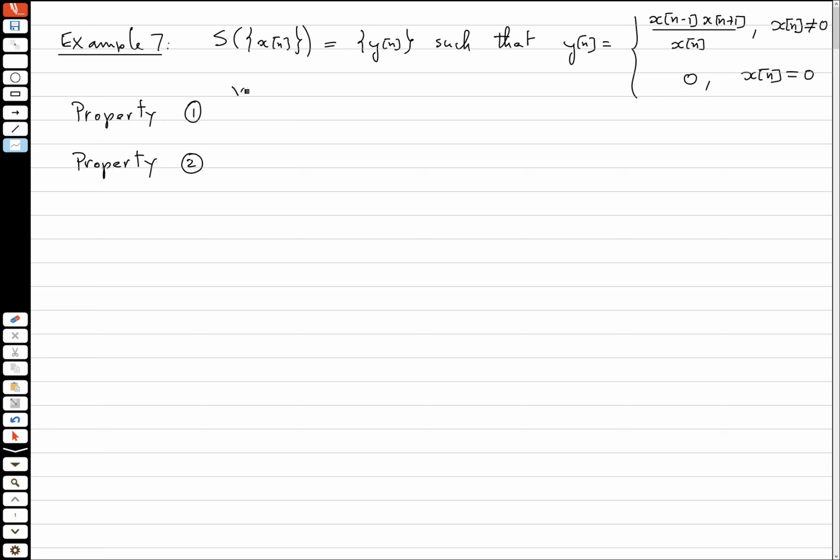So we're going to analyze each property separately. So who votes that property 1 is valid? Who votes that property 1 fails?